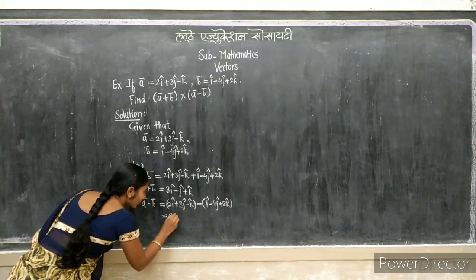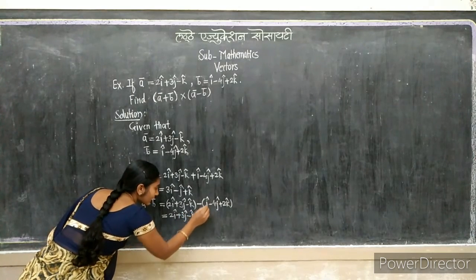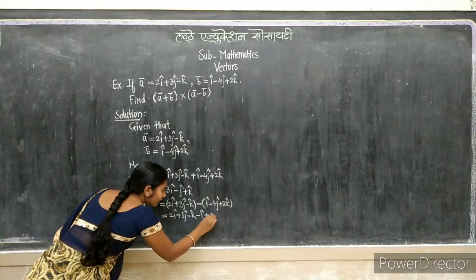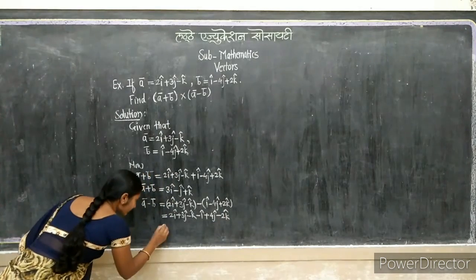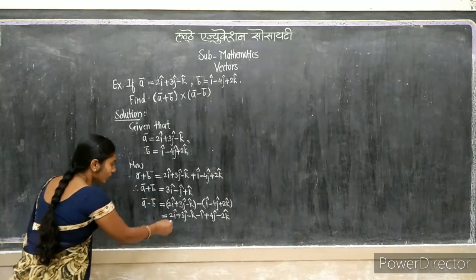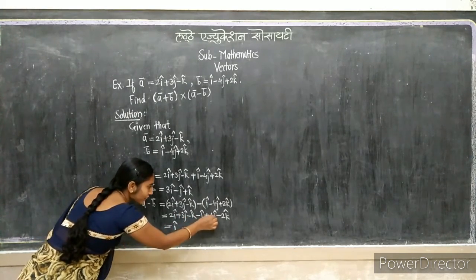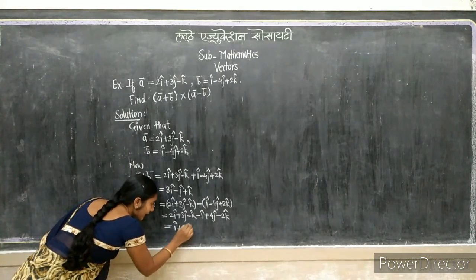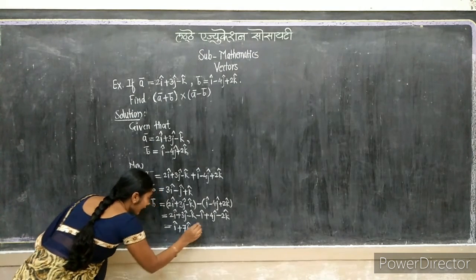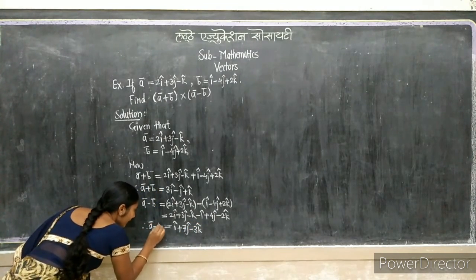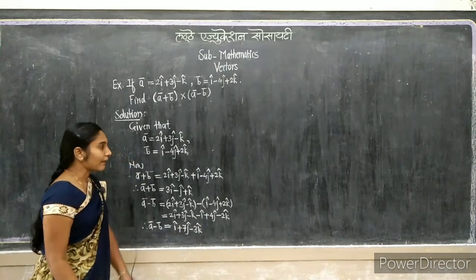This equals 2i cap plus 3j cap minus k cap minus i cap plus 4j cap minus 2k cap, which is equal to 2i cap minus i cap is i cap, plus 3j cap plus 4j cap is 7j cap, minus k cap minus 2k cap is minus 3k cap. Therefore, a bar minus b bar is equal to i cap plus 7j cap minus 3k cap.